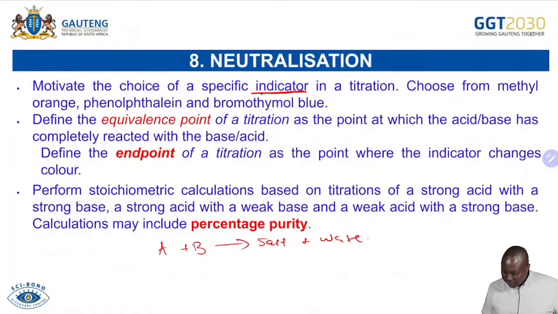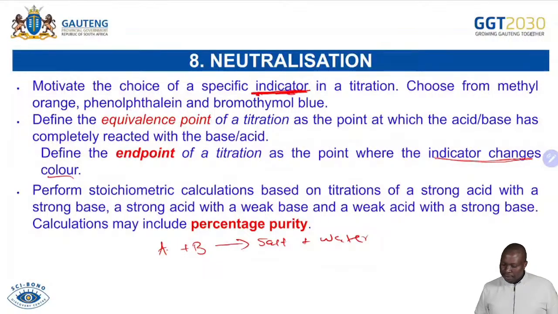The reaction of an acid with a base to form salt and water. And then here, when we're having neutralization, there must be an indicator. An indicator, as the name says, indicates when you reach the end point. It means when you reach the end point, the indicator will change color.